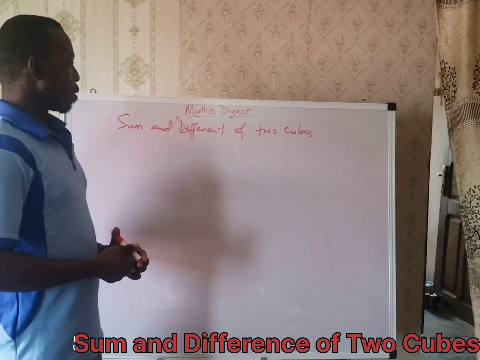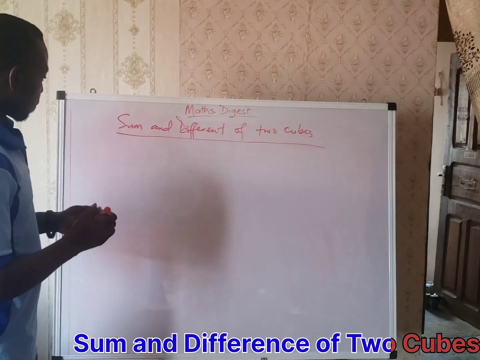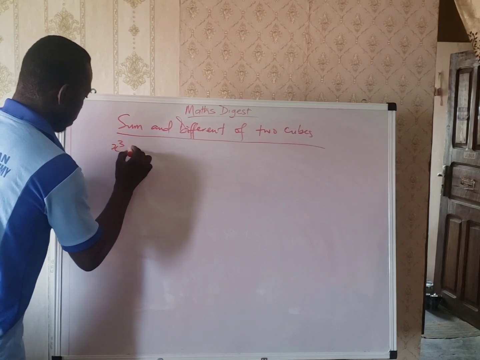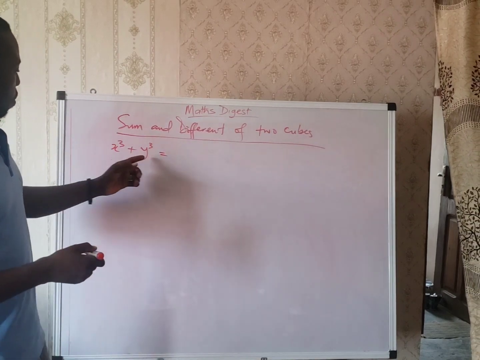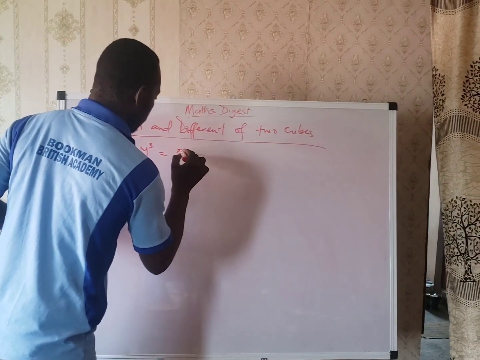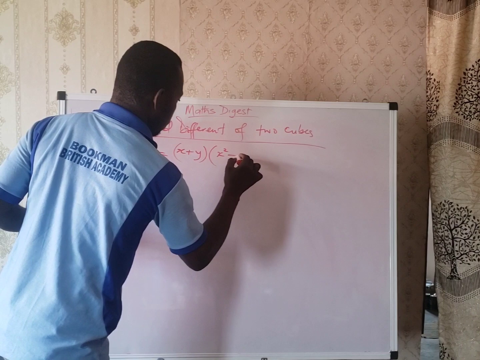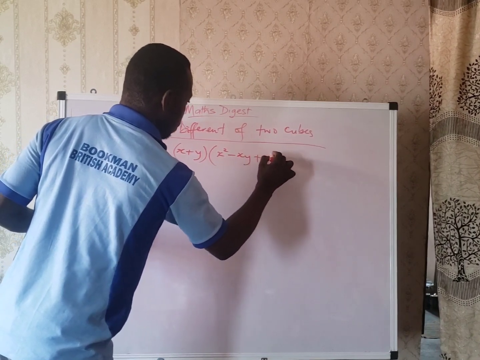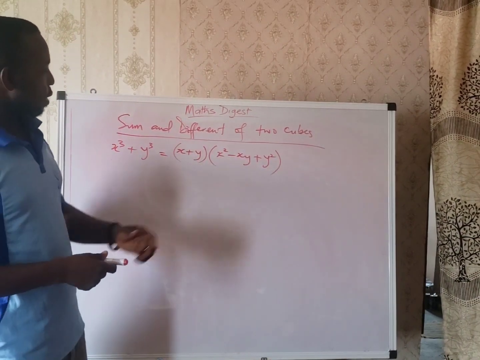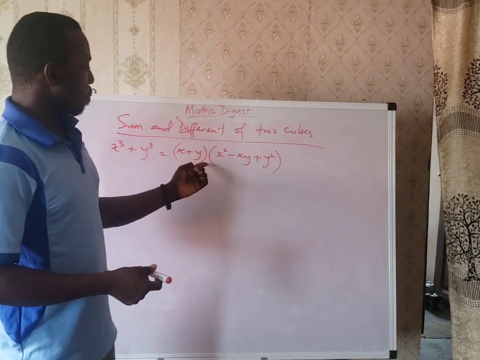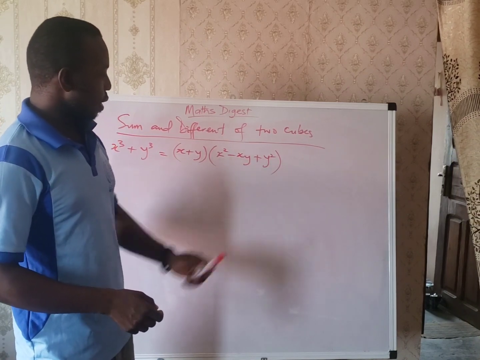All right, when you talk about sum and difference of two cubes, if you have x cubed plus y cubed, this will give you x plus y in brackets, another bracket, x squared minus xy plus y squared.